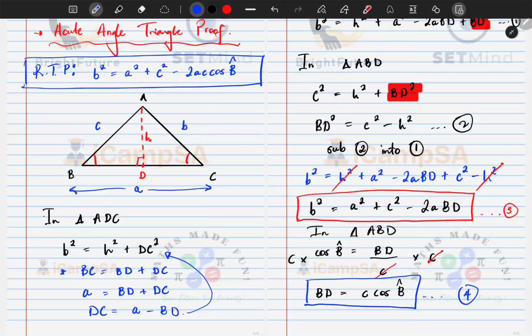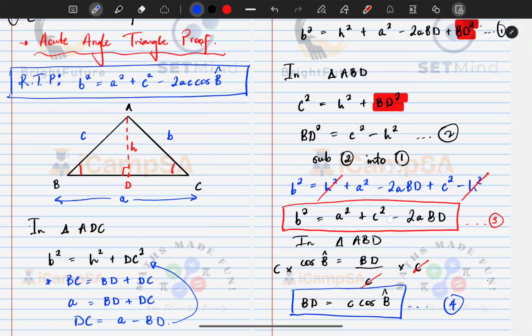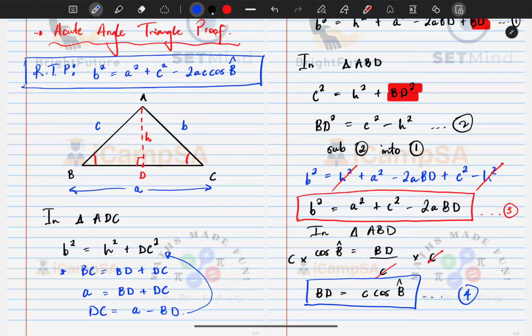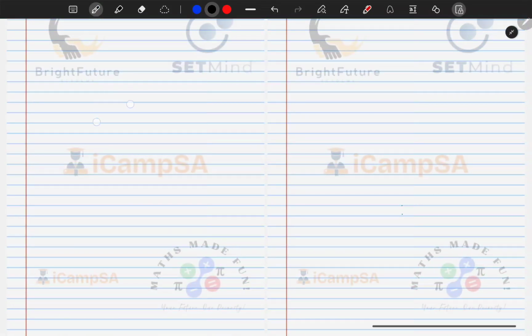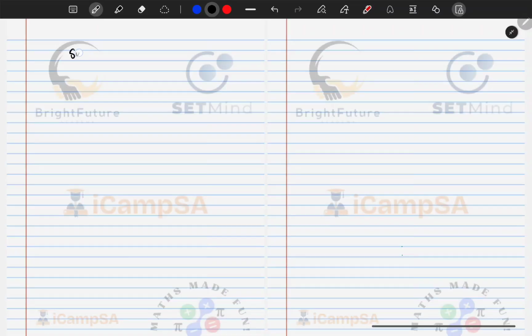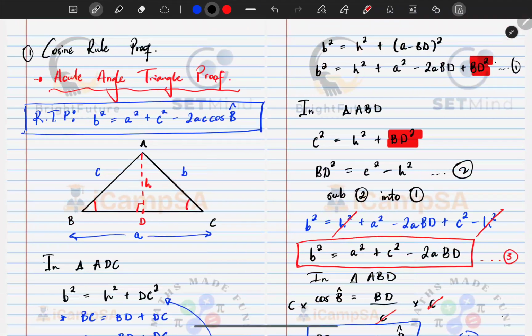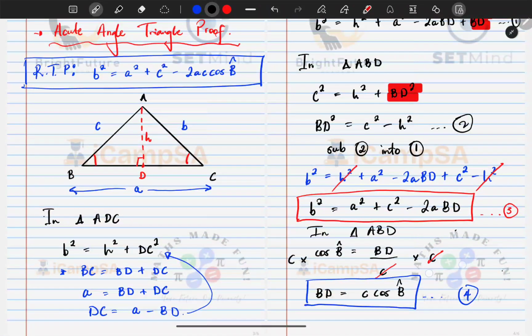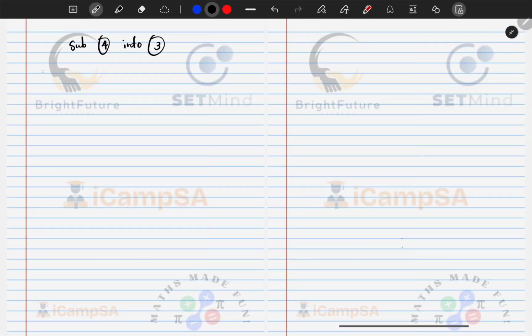So what I'm going to do, I'm going to substitute equation 4 into equation 3 and see what I'm going to be left with, right? So if I go and look back, now I'm going to have b squared is equals to a squared plus b squared minus 2.